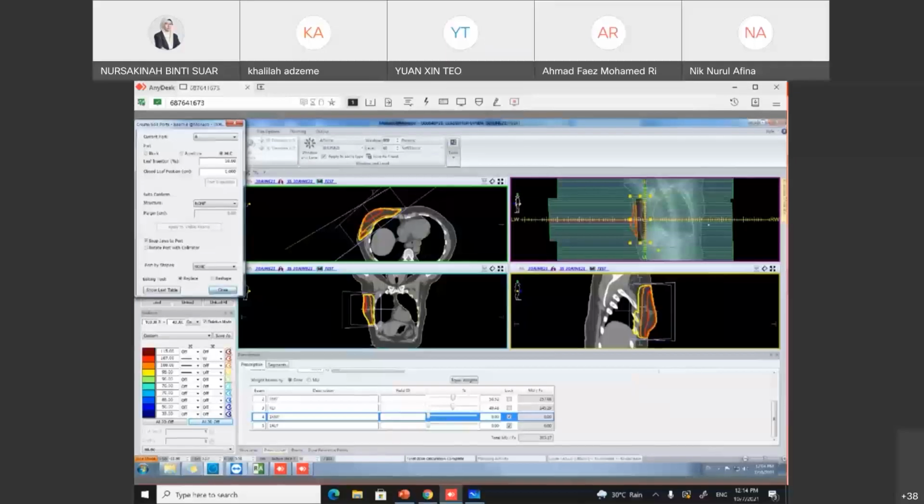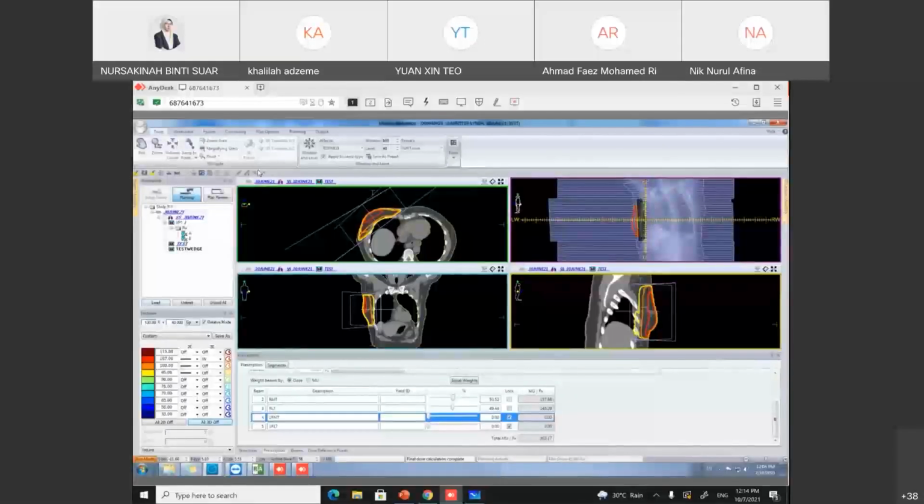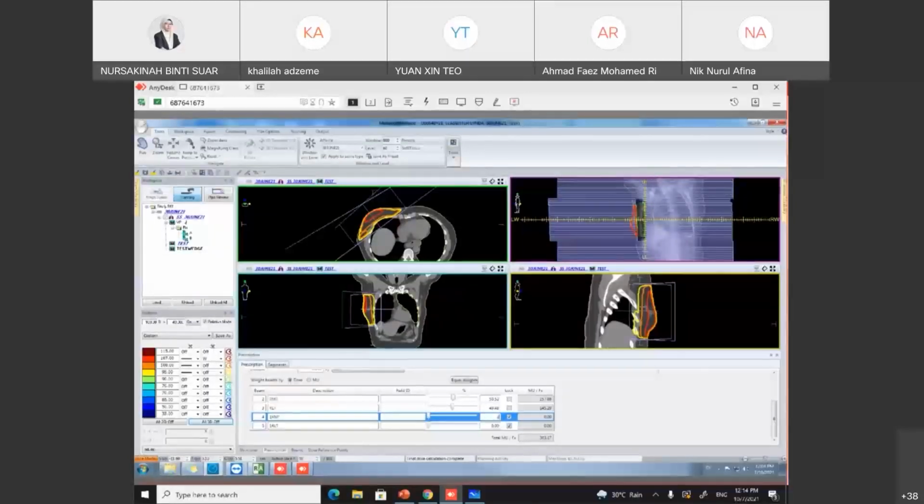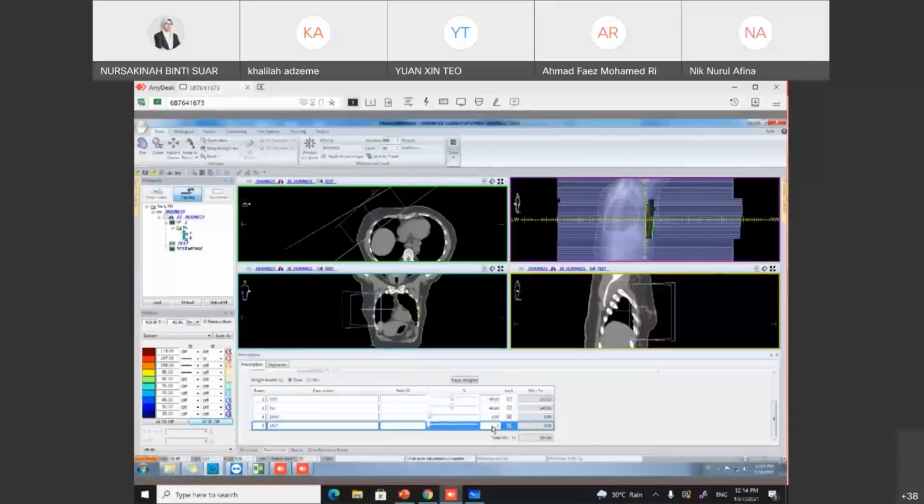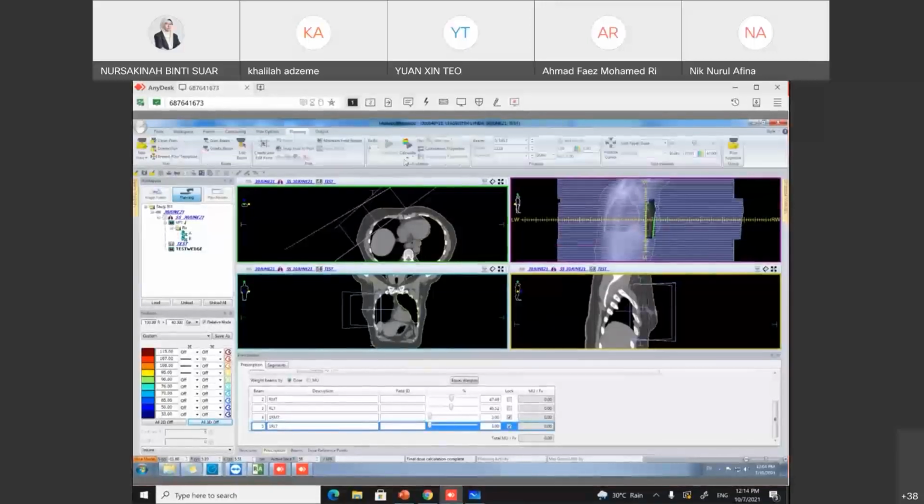Okay, now I already shield the hotspot, and then I put the weighting 3 to 3. Okay, calculate.